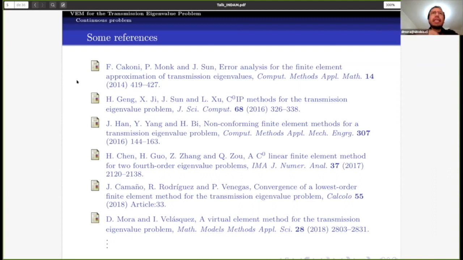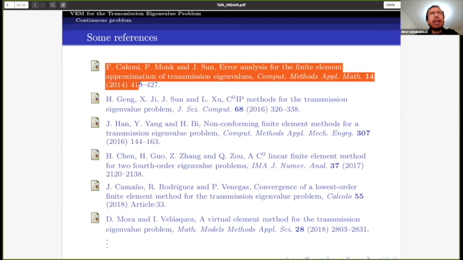In this case, the authors have considered for the linearization an additional Laplace problem, and they have analyzed the system by using a conforming C1 element.